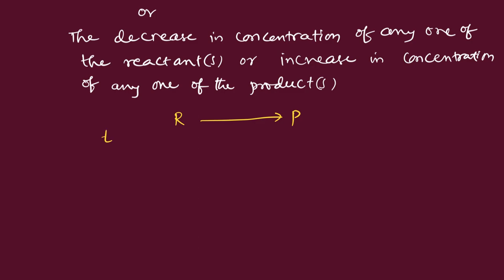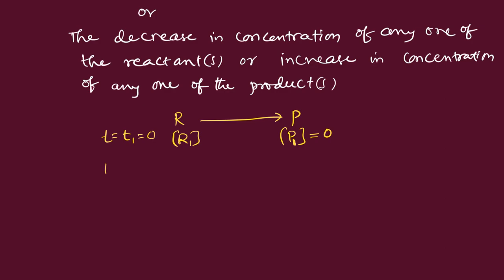Now, for example, I am writing one reaction here: reactant converts into product. Here, time T1, generally starting time 0. Then reactant concentration, I am considering R1 concentration. Product concentration, I am considering P1 concentration, generally product not formed at T equal to 0.